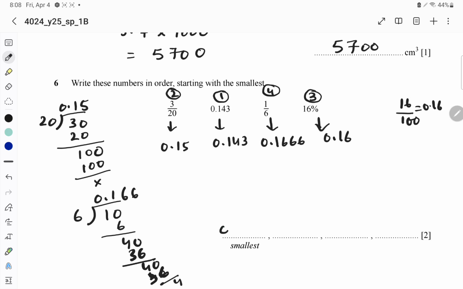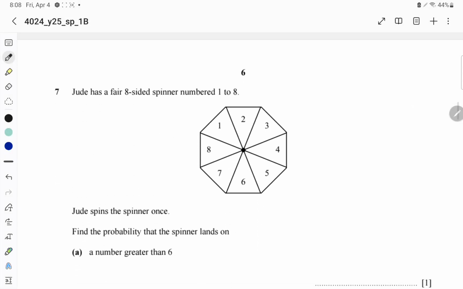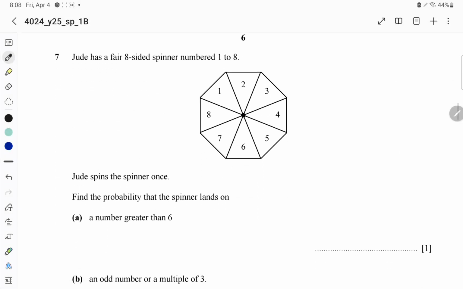So write down 0.143, then 3 over 20, then 16%, and then 1 over 6. All right, now the next one.